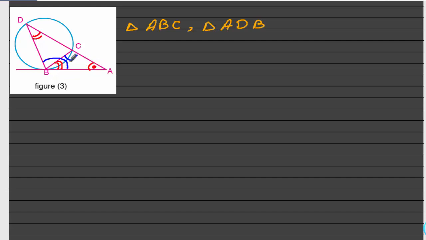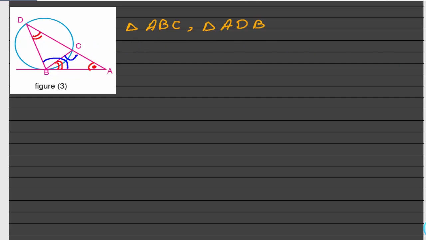So the third equals the third. You know that if two angles in the first triangle equal two angles in the second one, you can say that the two triangles are similar.